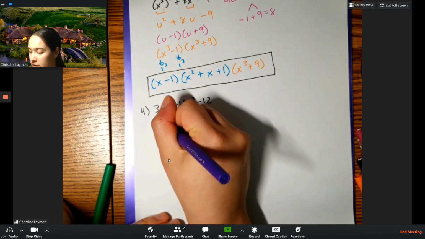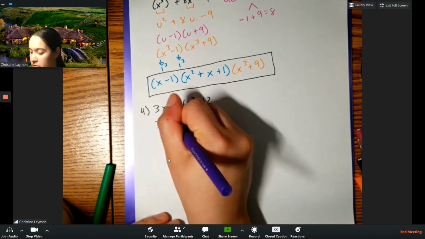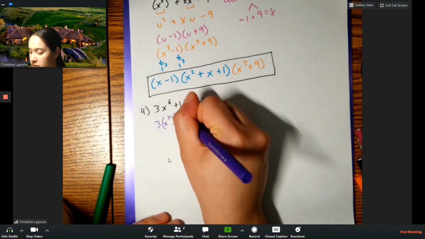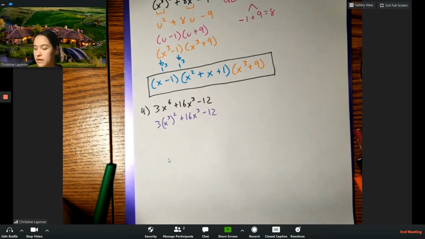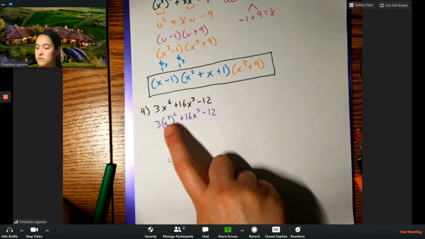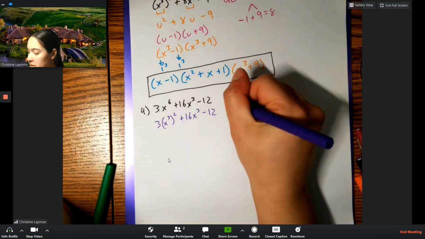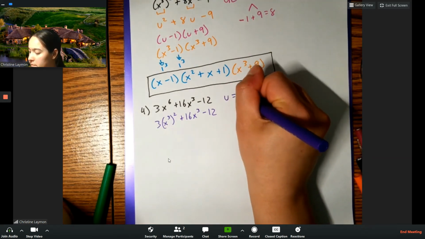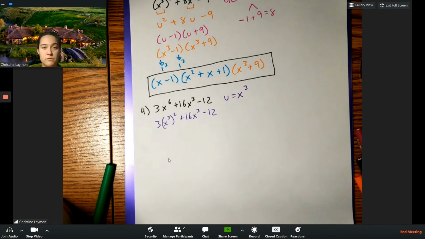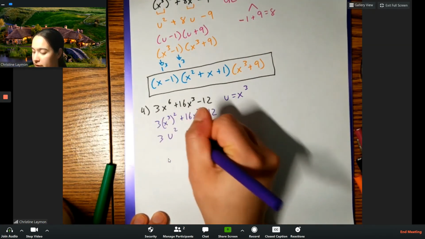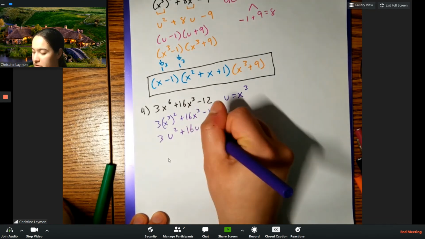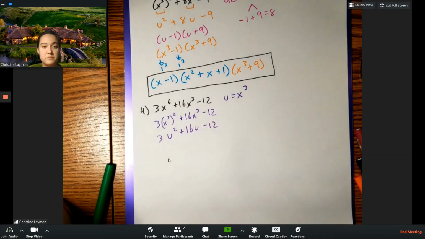So 3 times x cubed squared plus 16x cubed minus 12. Again, what I've noted is that that x cubed and that x cubed are present. I'm going to let u equal x cubed. So when I rewrite this, I have 3u squared plus 16u minus 12.